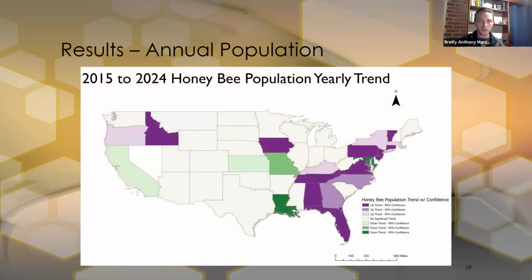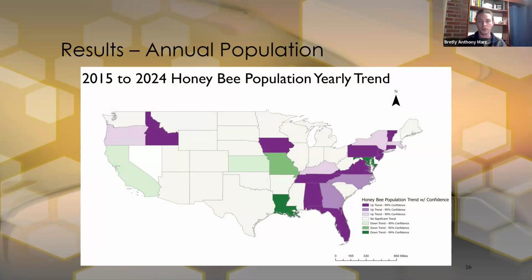So the results are in a series of maps of the United States. When looking at the following maps, purple will be displayed for the upward trends and green will be displayed for the downward. So first up is the annual population, all the way from 2015 to 2024.